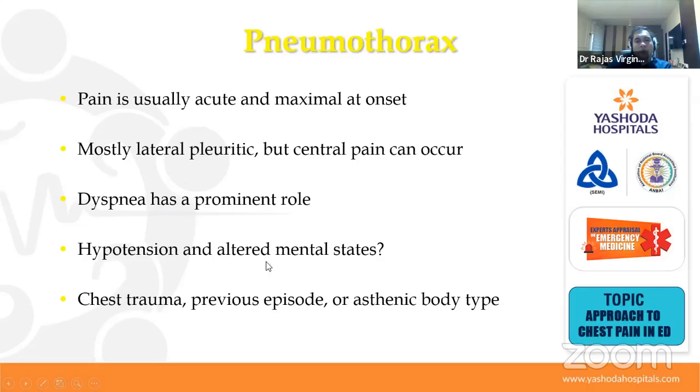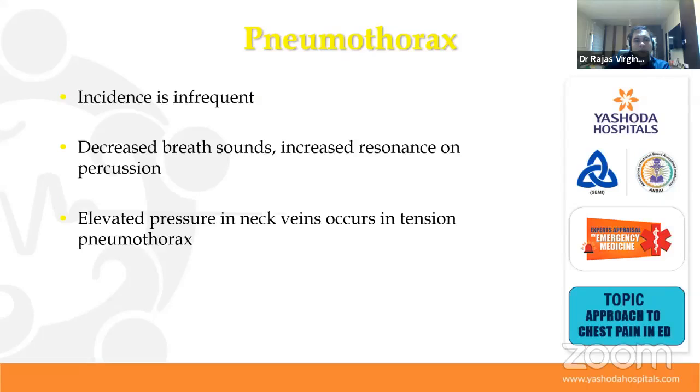In tension pneumothorax, chest trauma is quite a common cause. Hence, it is very important to do a good ABCDE examination and perform timely interventions in the event of any obvious finding. You will have very reduced breath sounds and increased resonance on your assessment, especially on the primary survey.